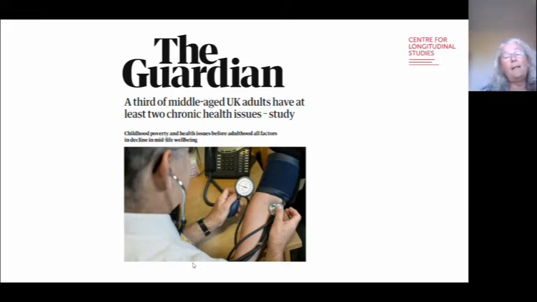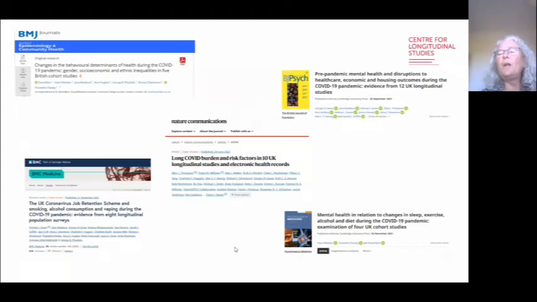And finally, as Morag mentioned earlier, we have information on COVID-19, and here are some examples of the recent work using the COVID-19 data collected in longitudinal studies, including the BCS70. By asking the same and similar questions during COVID across a range of cohort studies, and not just those housed here at the Centre for Longitudinal Studies, researchers have been able to look at a variety of topics, including risky behaviours, long COVID, while controlling for rich data collected prior to the pandemic.